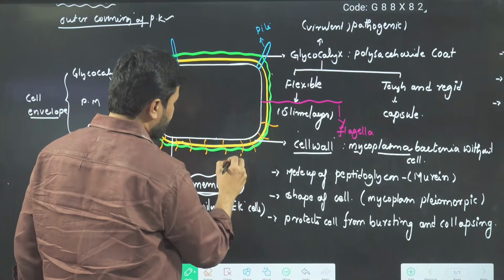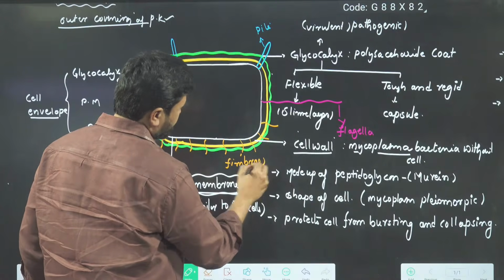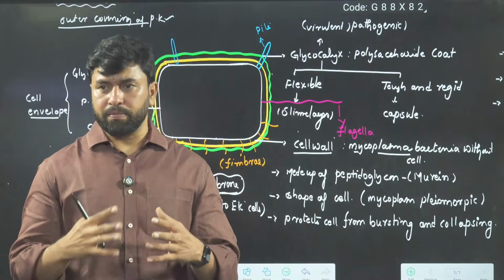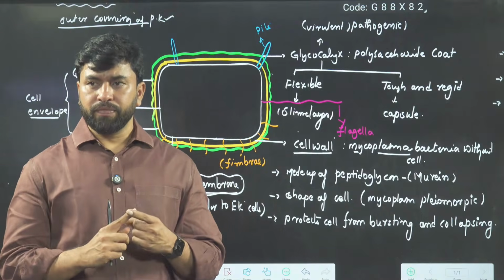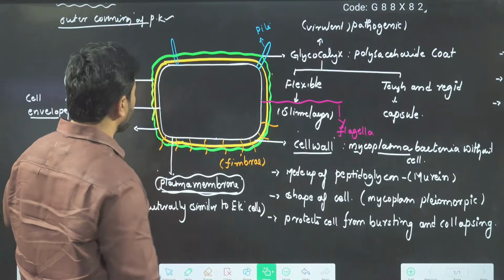The way I am representing these structures on the top of the bacteria, it is essential. Three extensions will be there on the top of the envelope: flagella, pili, and fimbriae. What are those extensions and their usage?